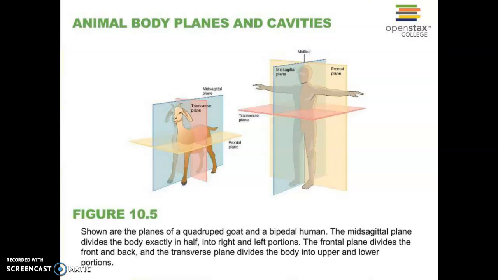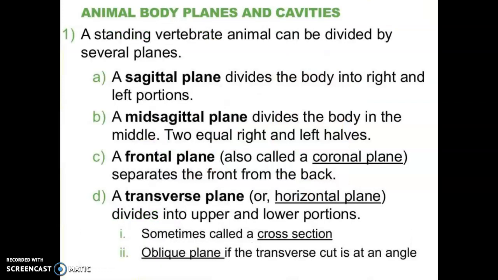So these are the body planes. I know we talked about a couple of them already, but here's a few more. They show it on a goat and a human, the quadruped and the bipedal. So we have the mid-sagittal plane, defined on the next slide. The sagittal plane divides the body into right and left portions, but not necessarily equal.